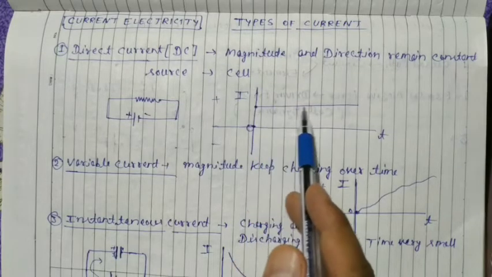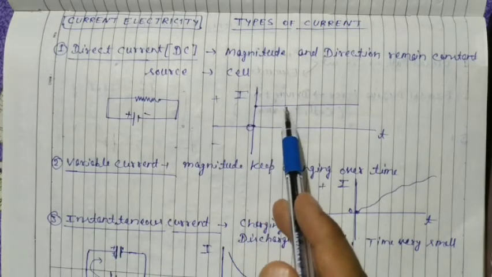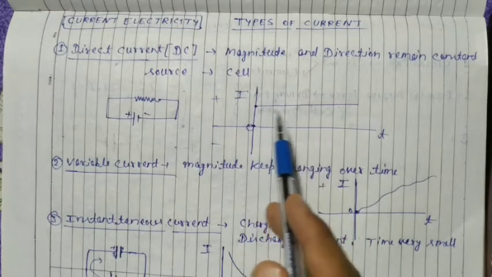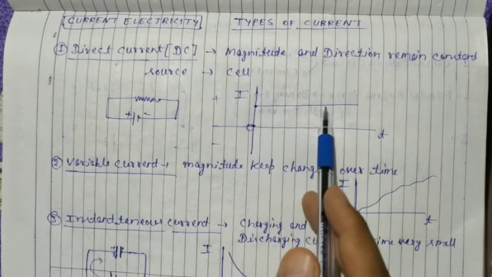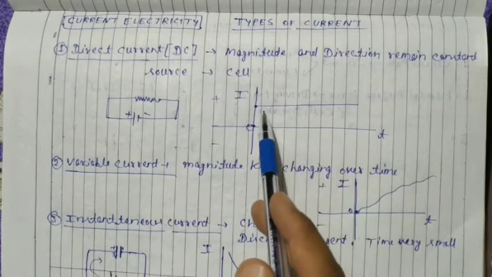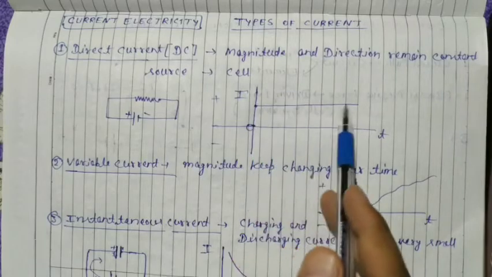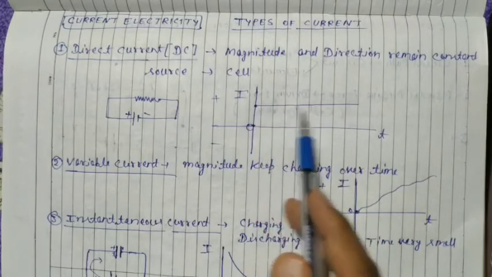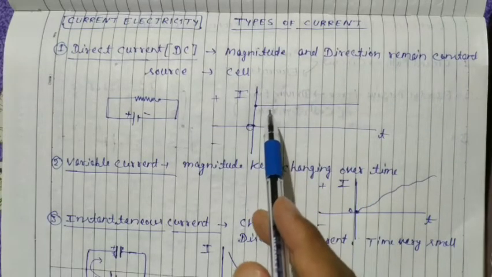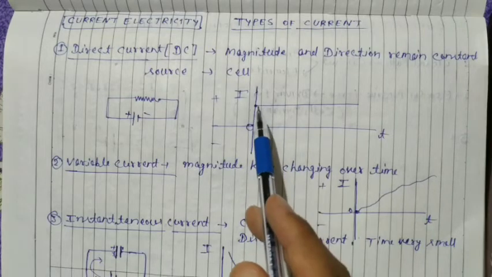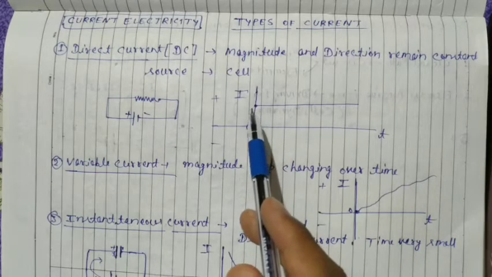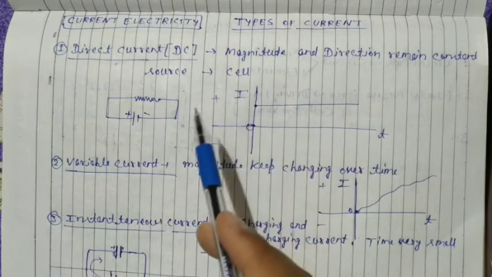So this is the graph. Now this graph shows that magnitude is not changing and it is in one direction, positive direction. So this graph shows it is only in one direction.